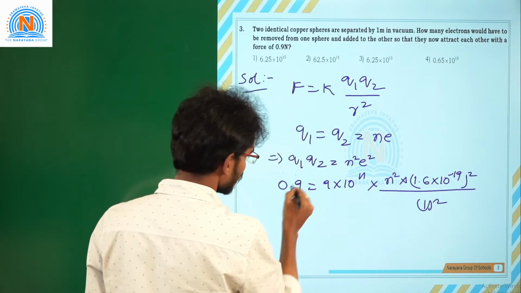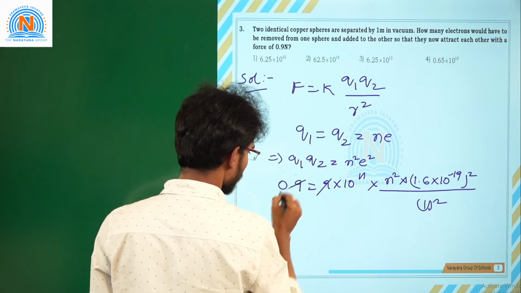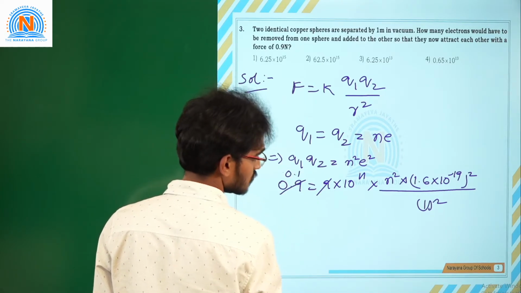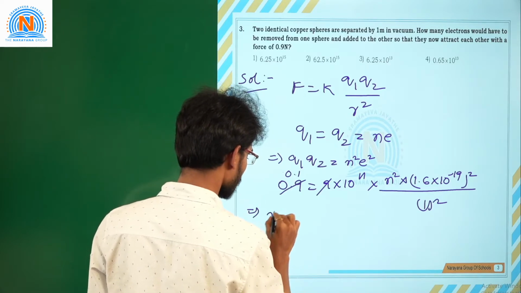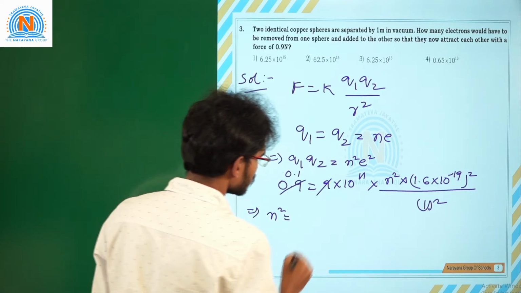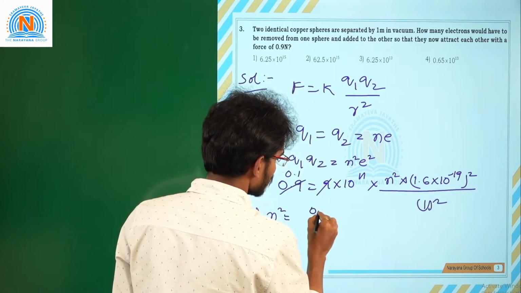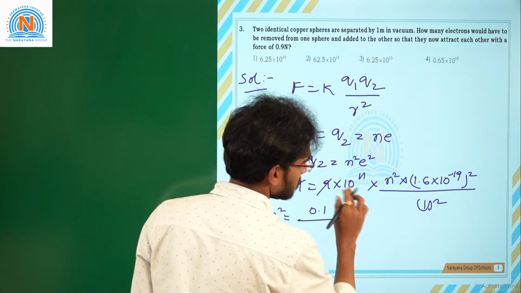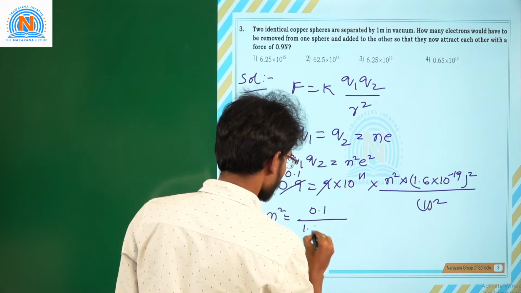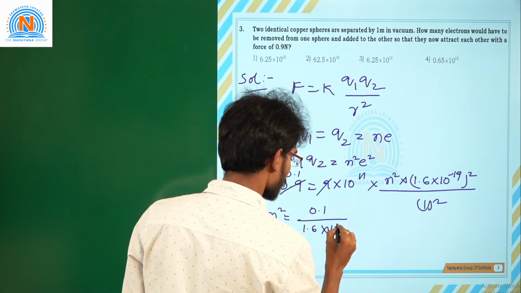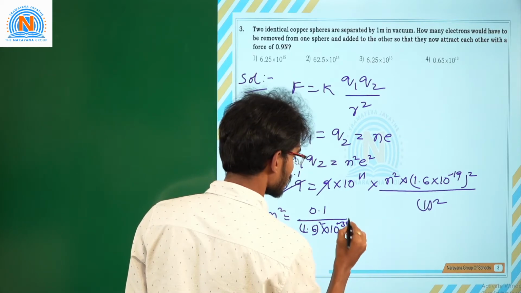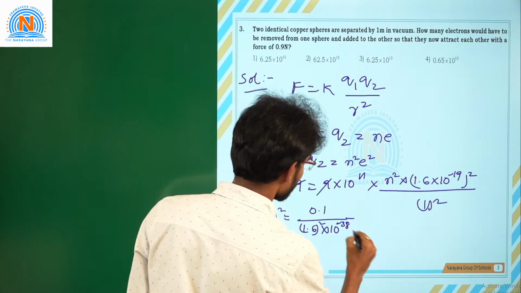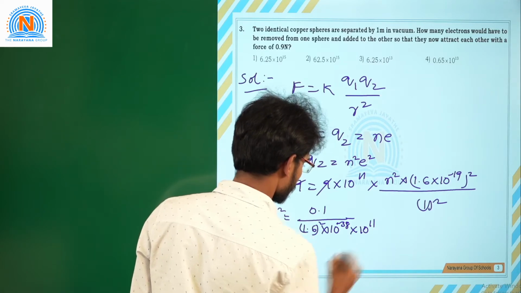So from the equation, 0.9 divided by 9 gives 0.1. Now we can write the value of N square as 0.1 by 1.6 whole square into 10 to the power of minus 38, into 10 to the power of 11.